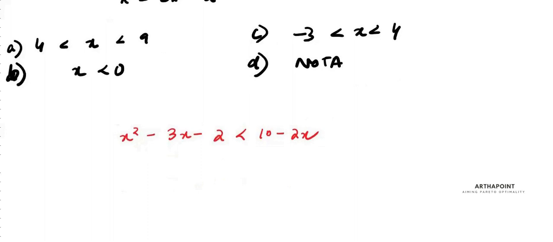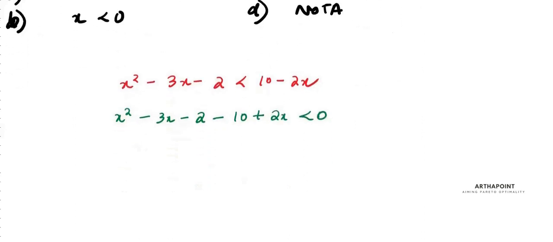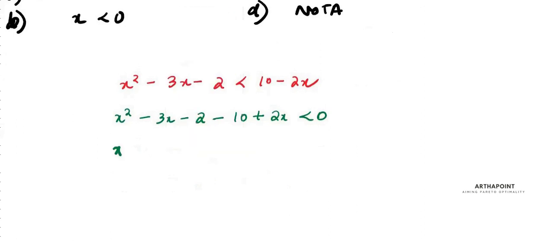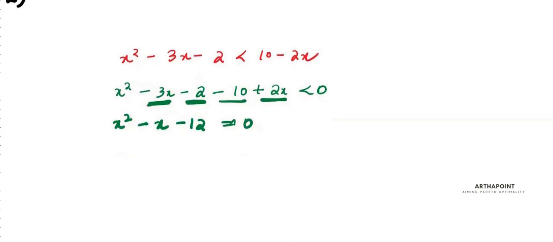And I'm going to go ahead and get x square minus 3x minus 2 minus 10 plus 2x less than 0. So from here, I will get x square, minus 3x plus 2x is minus x, minus 2 minus 10 is minus 12, less than 0. And now we will just go ahead and do the completing the square method.